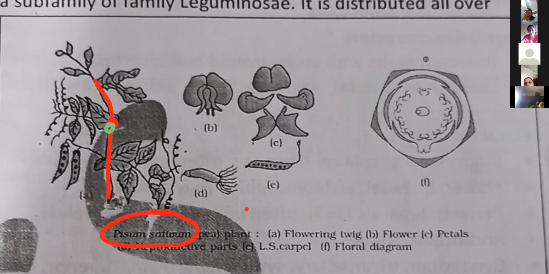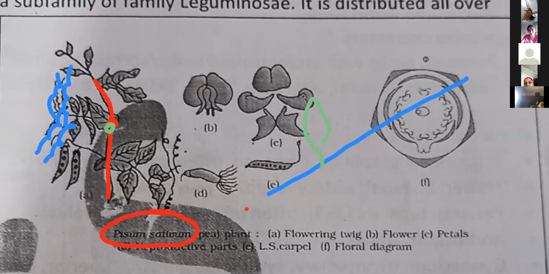And here, a long, slender, coiled structure: tendrils are present. In pea, if you remember, it is a pinnately compound leaf.